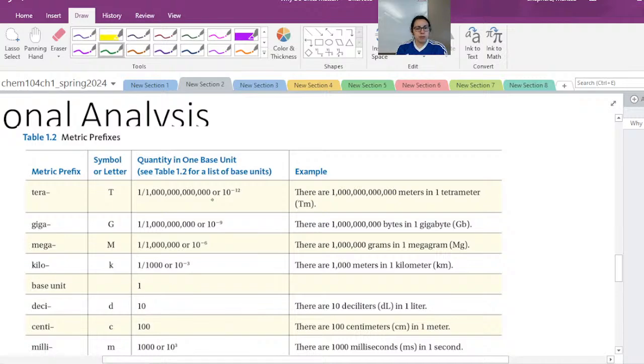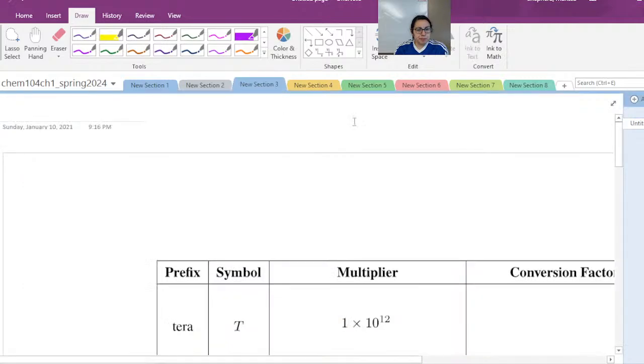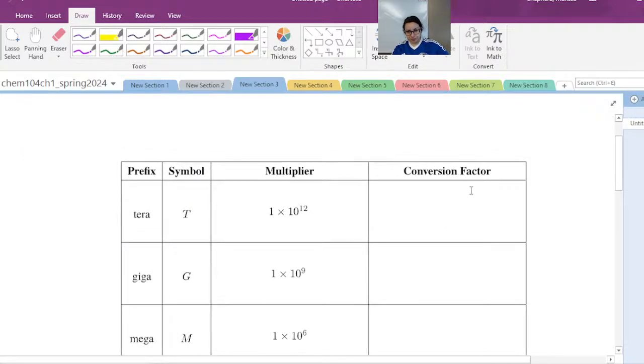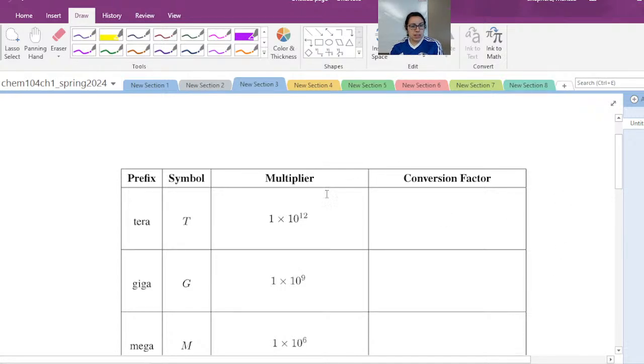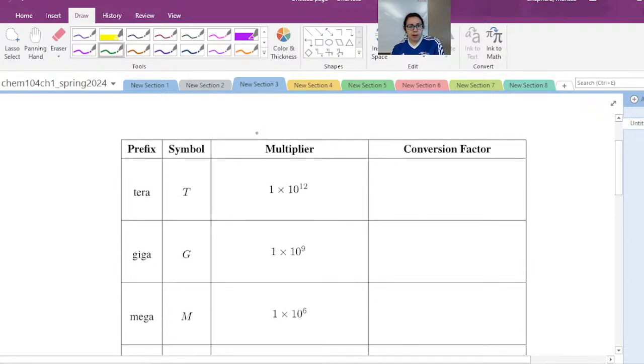This is kind of confusing to me because it's saying how many teras are in our base unit, and for some reason that feels less intuitive. So I like this chart, and I might go print some right now for you because I forgot to do that. This is the multiplier by the base, and I think this is easier to read. This means we have 1 times 10 to the 12 base units, and sometimes I like to put meters or whatever.